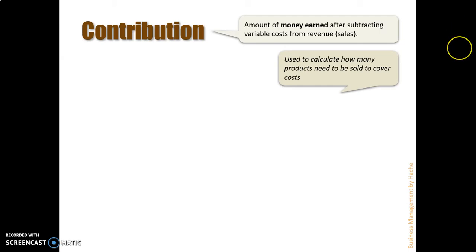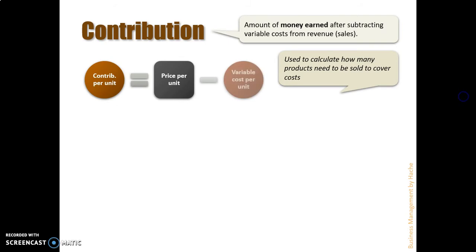And now, one way to find the contribution is by finding the contribution per unit. So imagine you're selling cookies and you're selling them at a certain price. So you would like to tell how much of the price of the cookie you are actually getting as contribution. So it's very simple.